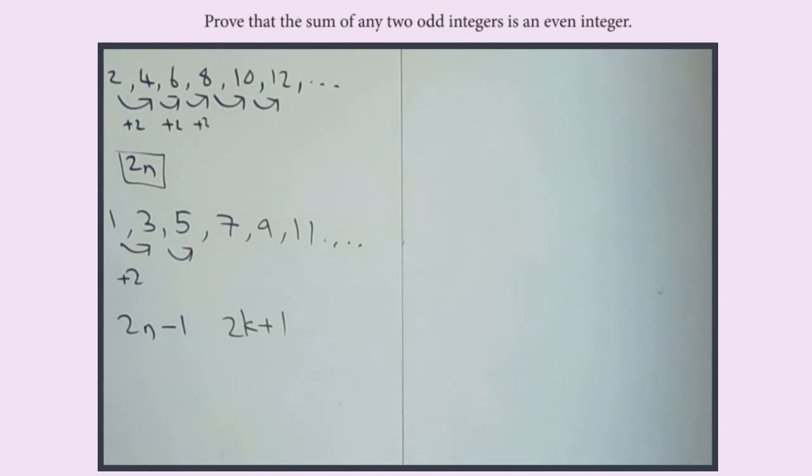So if we need any 2 odd integers, we're going to need 2 numbers that could potentially be different. So we are going to define our 2 odd integers, we'll call them m and n. They're going to be our odd integers, and we're going to say let m be 2r plus 1 for integer r.